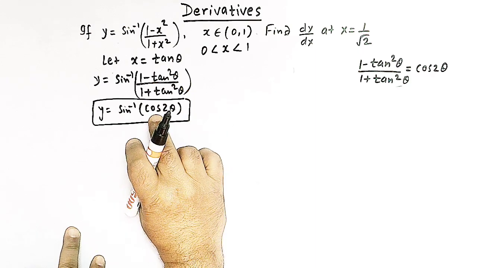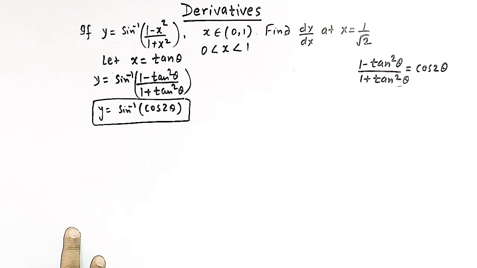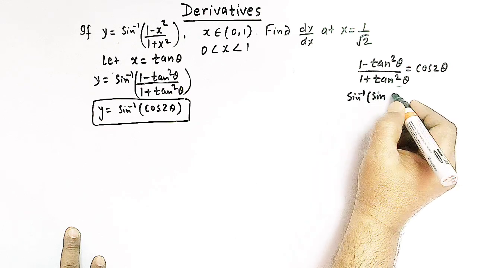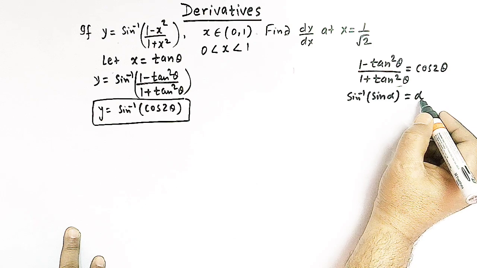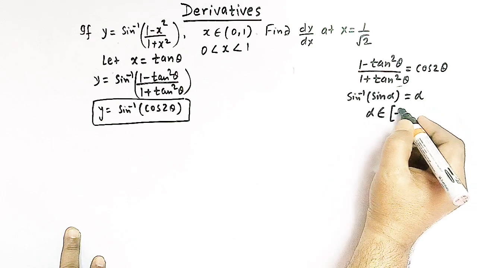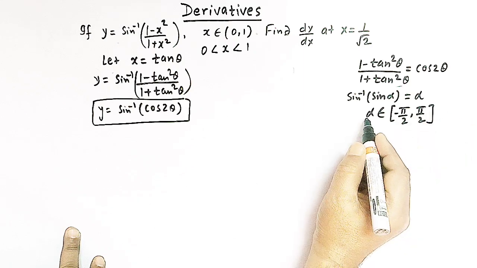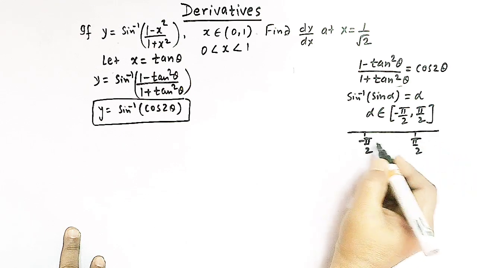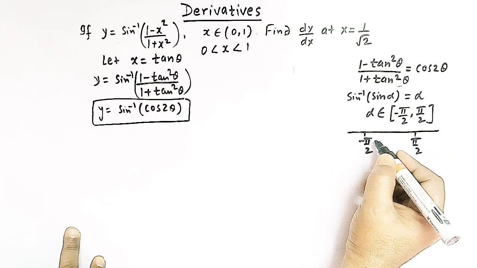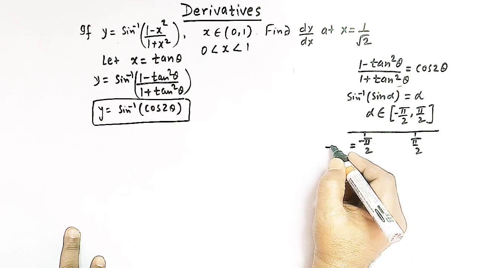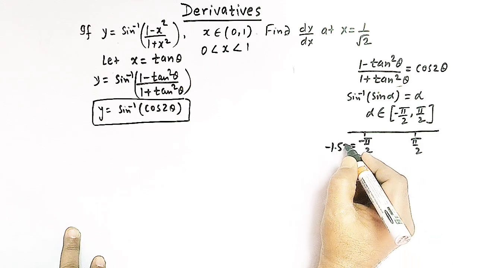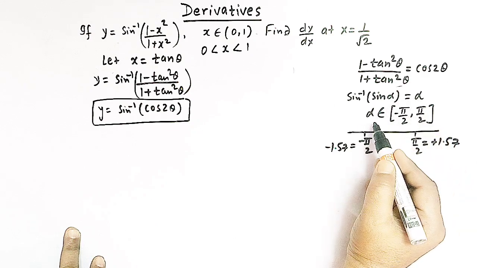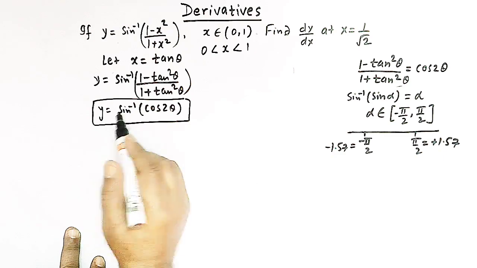To move further, let us make use of an important property of inverse trigonometric functions: sine inverse of sine alpha is equal to alpha, provided alpha belongs to the interval minus pi by 2 to pi by 2. Approximately, minus pi by 2 is minus 1.57, and pi by 2 is plus 1.57.